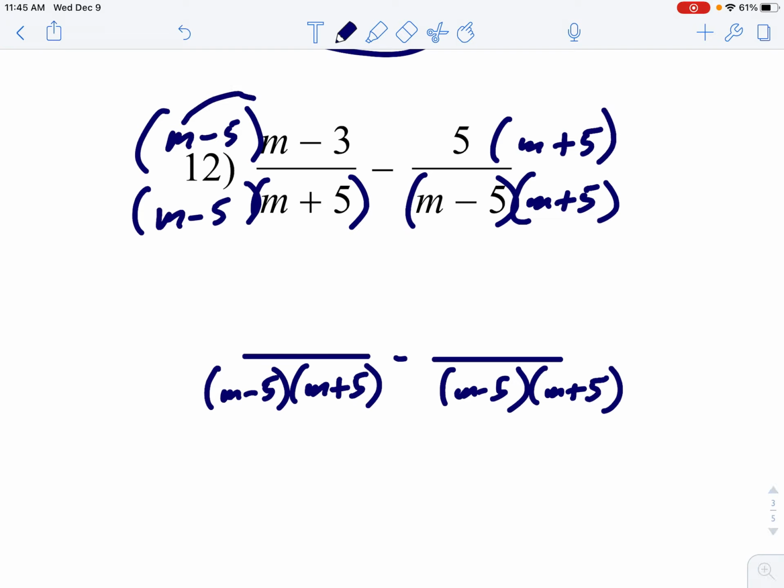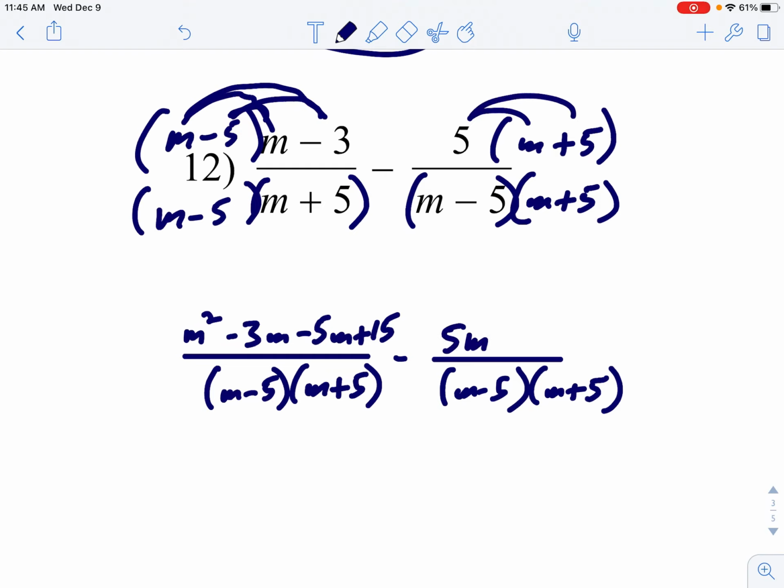So here I get m squared minus 3m minus 5m plus 15. And then here I get 5m plus 25.